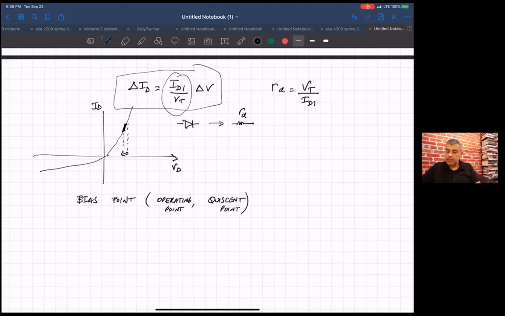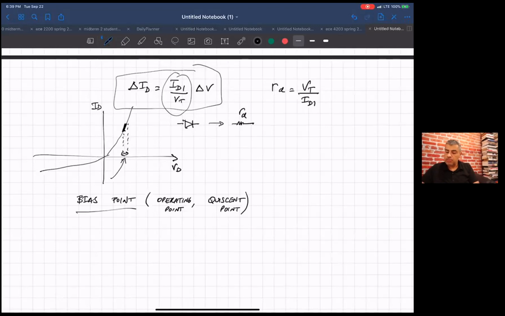The idea is you put your circuit into some bias point. That's your initial point. Then you have a small perturbation around your bias point, and that becomes your small signal.